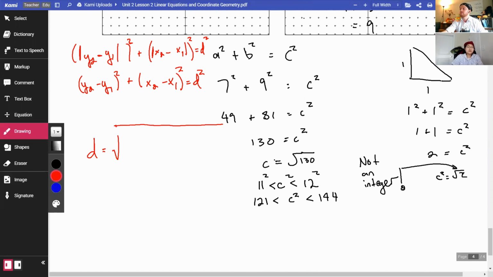It is. If I were to square root an equation, normally I'd put a plus or minus, but here I do not need to. We have d equals the square root of (x2 minus x1) squared plus (y2 minus y1) squared. And there you have it. The distance formula is really just the Pythagorean theorem in disguise.